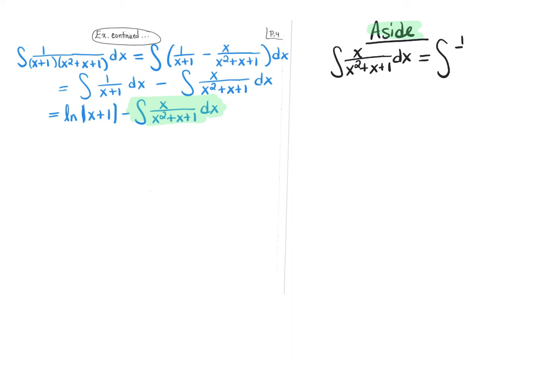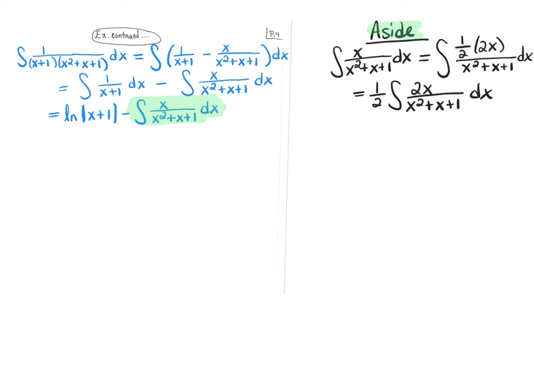So that's the integral of 1/2 times 2x over x squared plus x plus 1 dx. And then I'm going to bring that 1/2 out. So this is 1/2 times the integral of 2x over x squared plus x plus 1 dx. Notice, I didn't change the integrand. I just put the number 1 in.